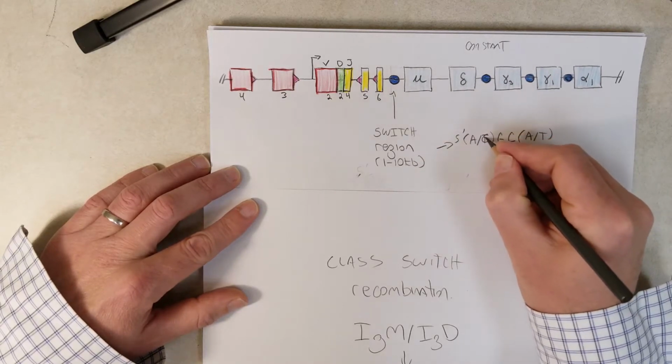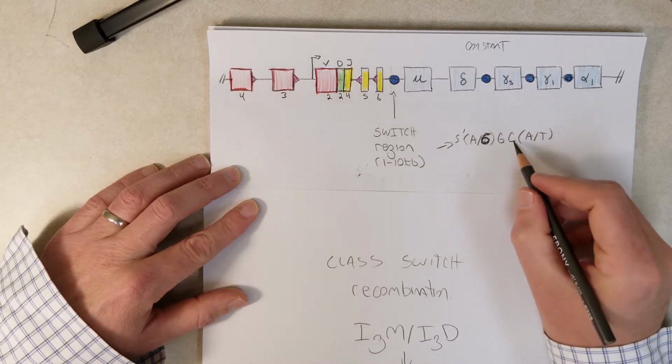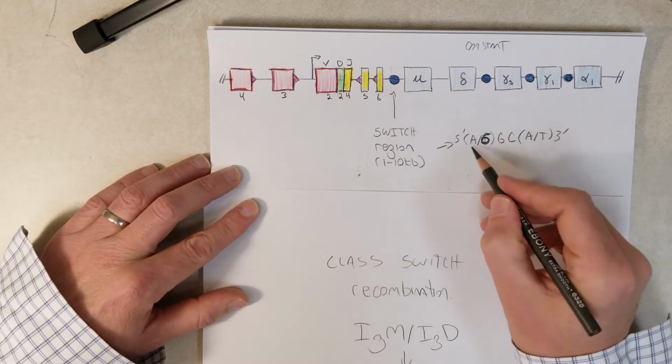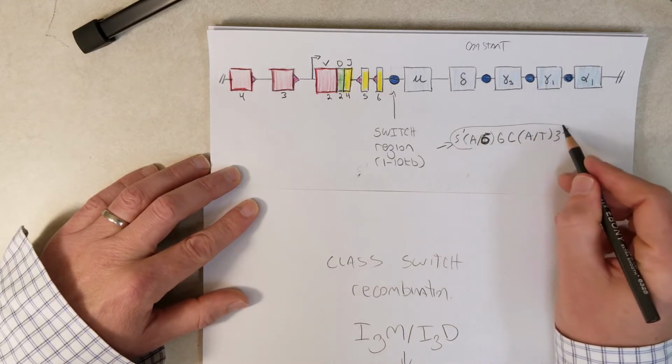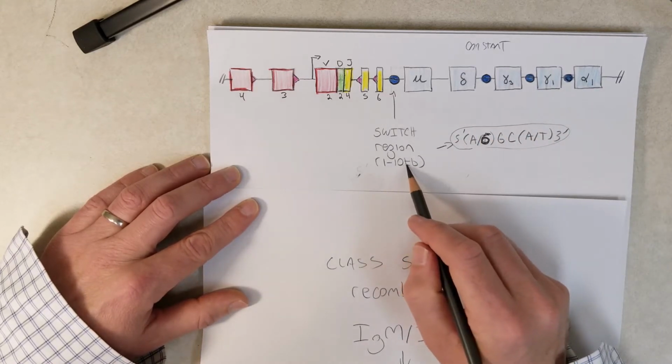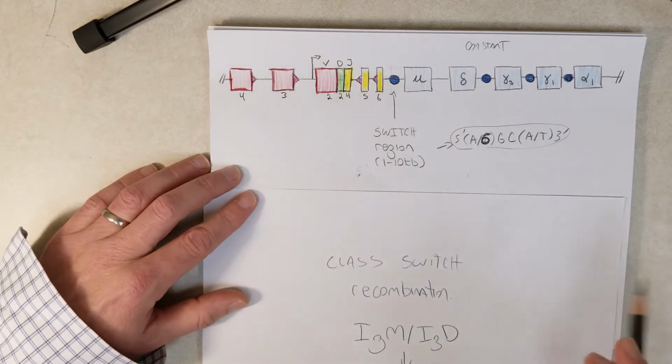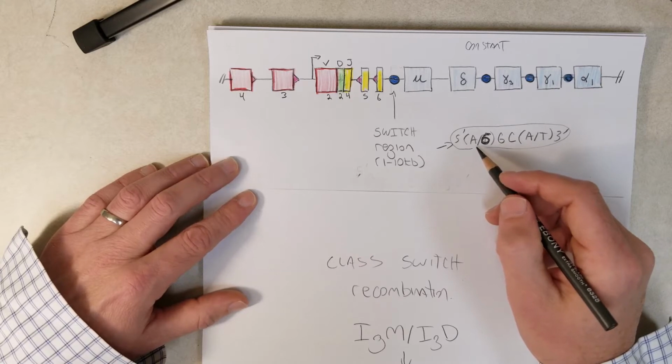I meant A or G. A or G, followed by G, followed by C, followed by an A or T. So lots of these sequences are found throughout these 1 to 10 kb switch regions, and these are important for class switch recombination.